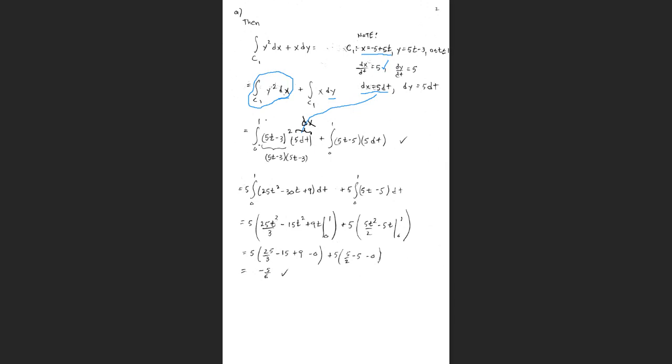Similarly, for the second line integral, when you integrate with respect to y, y is equal to 5t minus 3. Well, dy/dt is 5, so dy is 5 dt. And so 5 dt is what you're going to put in here, right?